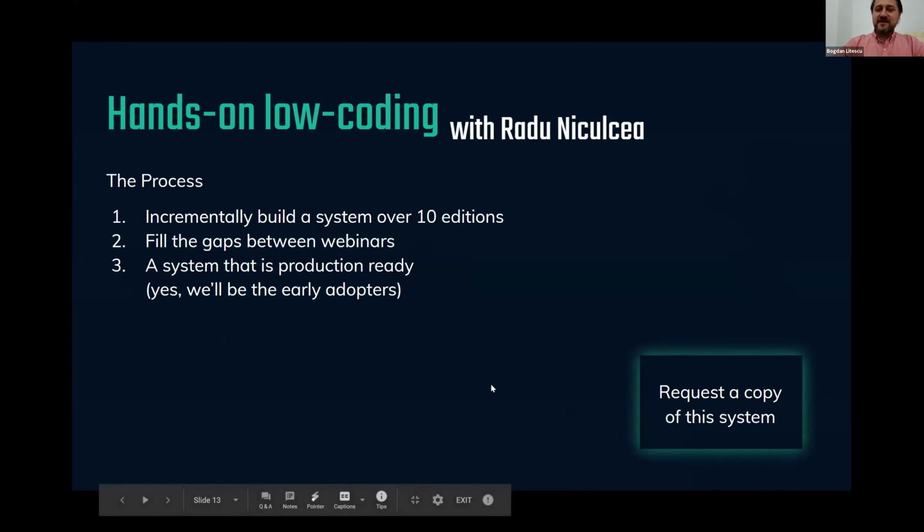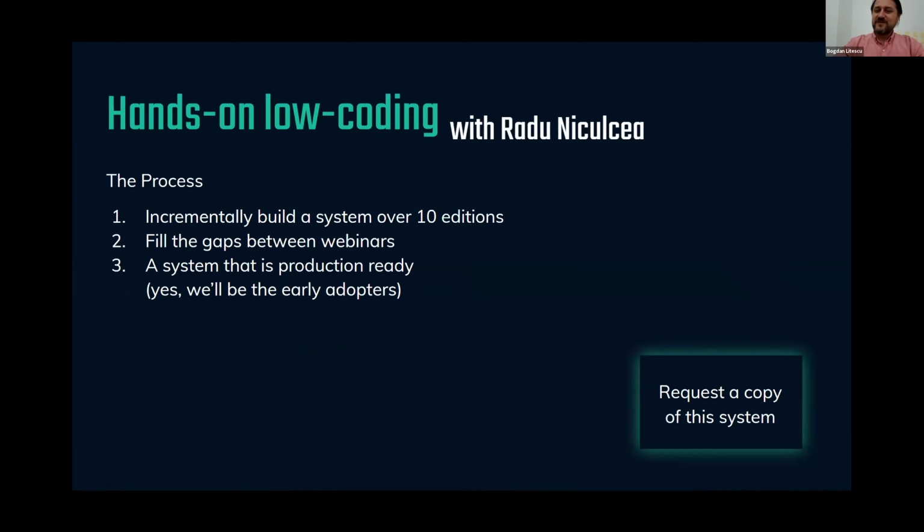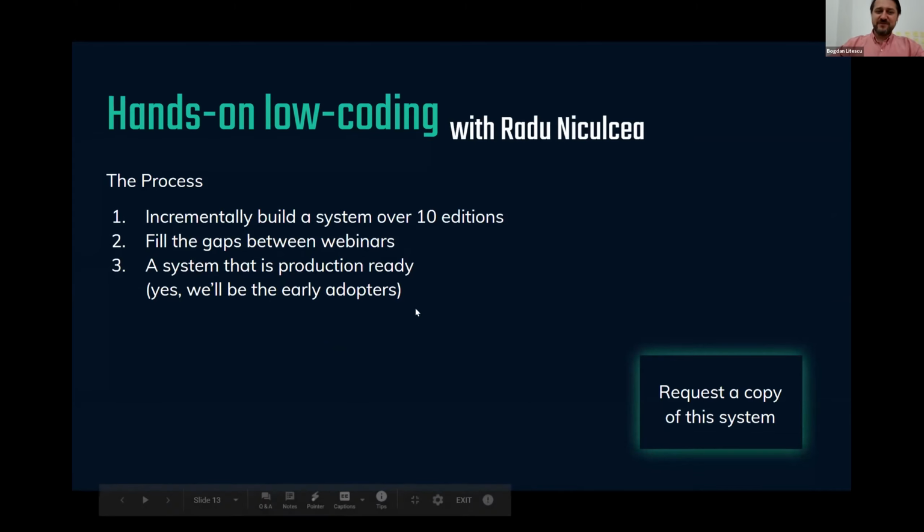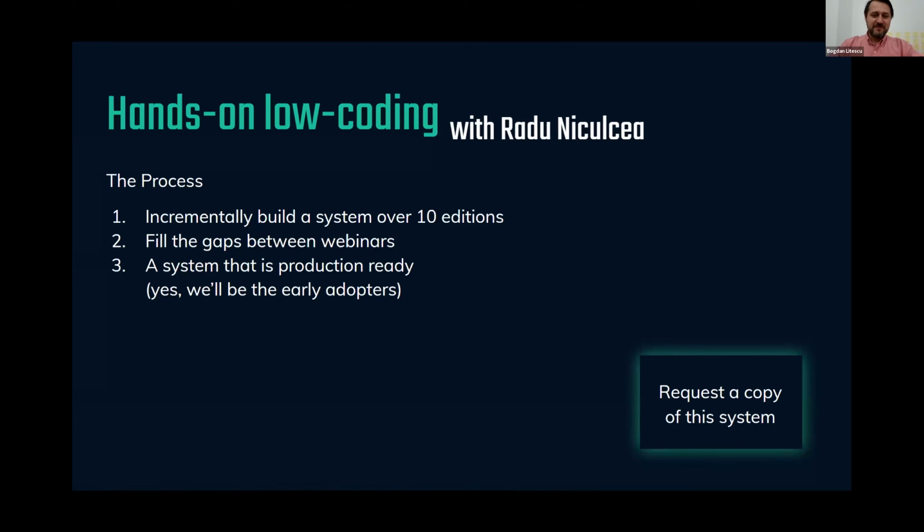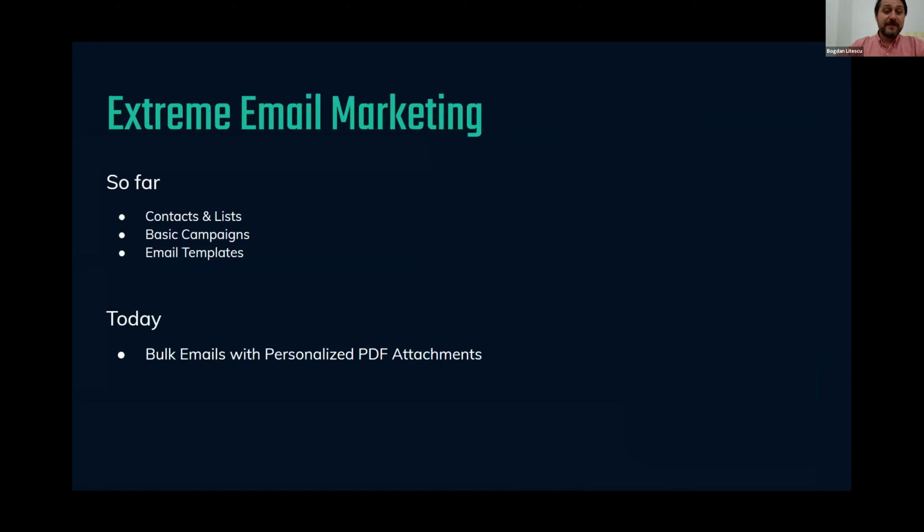Everything that you see here, you can request a copy from us, so you can have a clone of it and play with it, extend it, use it for your own purposes. Of course, the later you ask for this, the more production ready it will be, because we only started these 3 webinars ago, and we have the basics: contact and list, we have campaigns, and we have email templates. If you remember last episode where we integrated that cool visual email template editor.